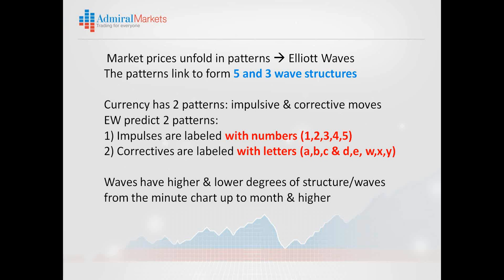Now, all these waves form higher and lower degrees of structure. For example, on a 1-minute chart, you could see 5 waves up and an ABC, if the market is liquid enough, like EUR/USD for sure.